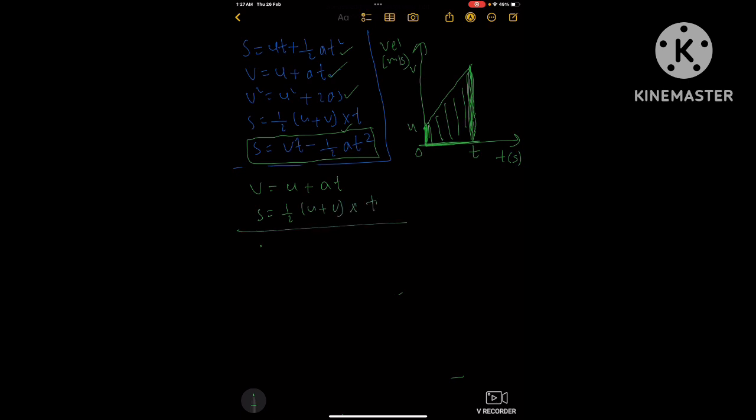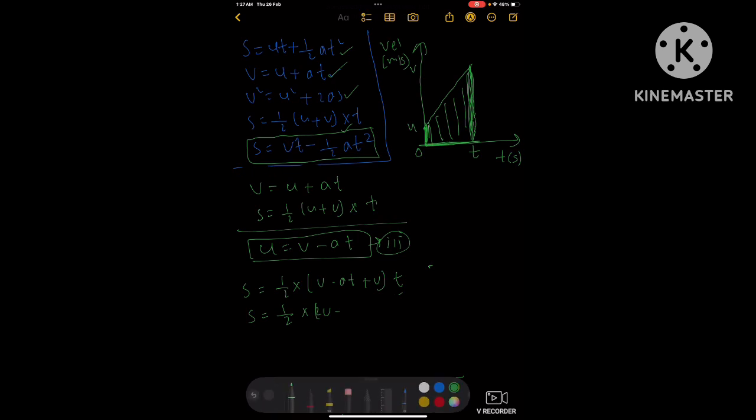Now make u the subject of the formula of the first equation: u equals v take away at. So this is the third equation. Substitute the value of u into s equals 1/2 (u plus v) t.